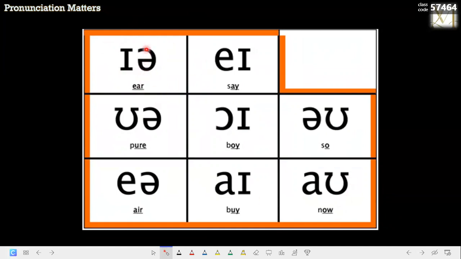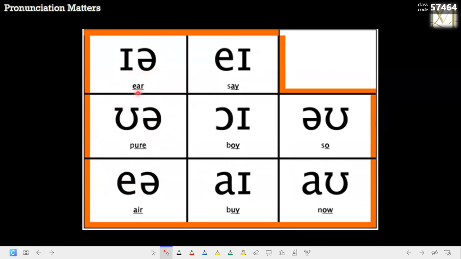If we look at the first column, /ɪə/, /ʊə/, /eə/, these 3 diphthongs in this column all share the final schwa, okay? They are all ending in schwa. So we say /ɪə/, /ʊə/, /eə/.